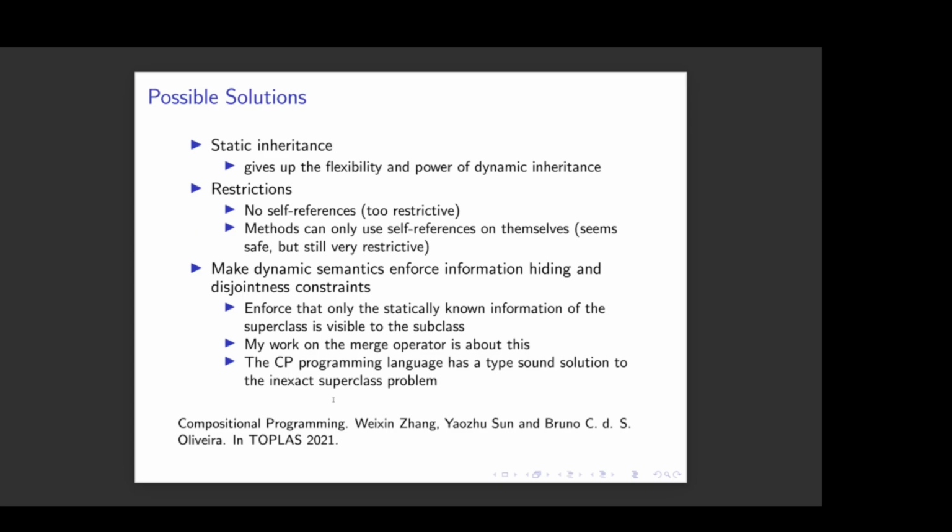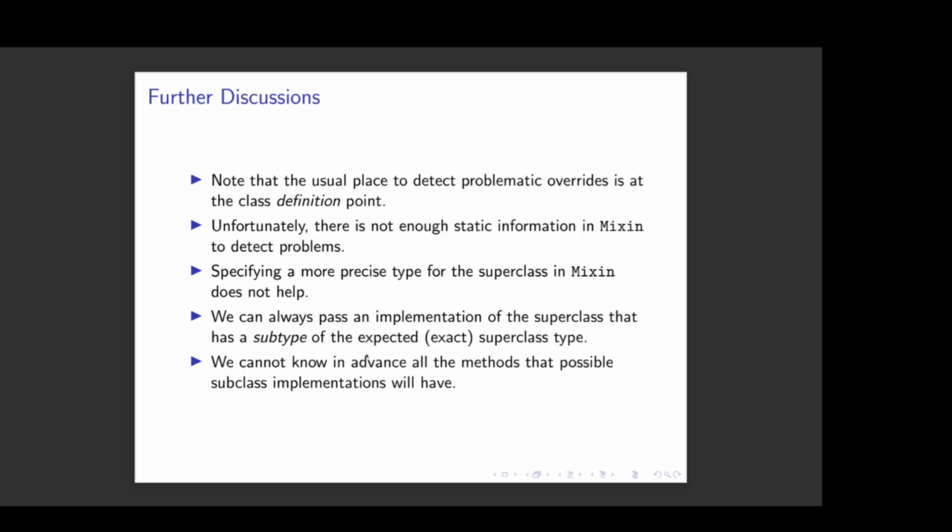I think that is related to, let me see, I had a sentence about that. Right, so I think it's related to this point. So you're saying specifying the requirements on the superclass, right? Yeah.